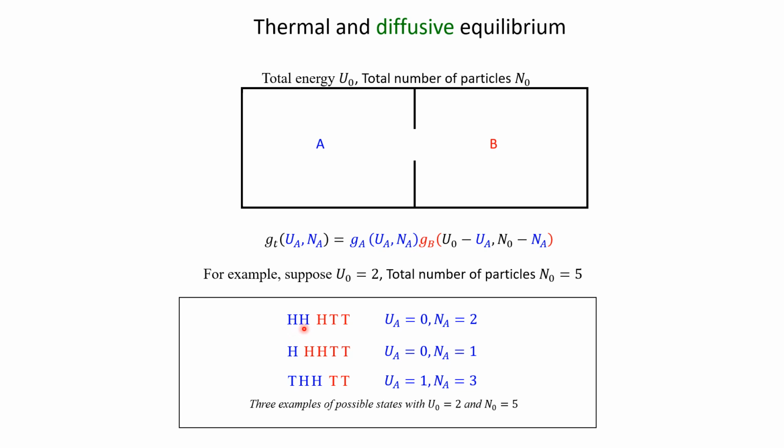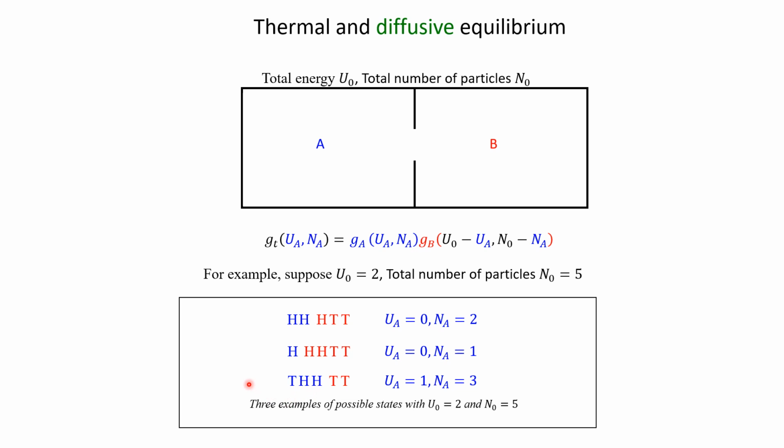But it could be that this coin migrates to system B, and then the total system will be in this state. In this state, system A has 0 units of energy and only one particle, one coin. Or for example, in this state of the total system, system A has 1 unit of energy and 3 particles.